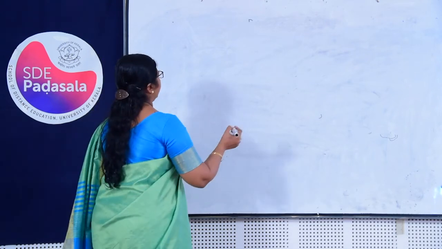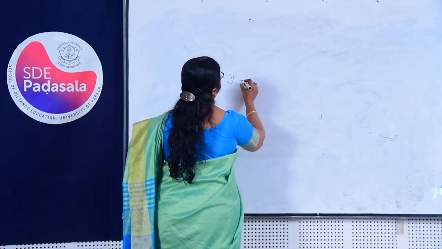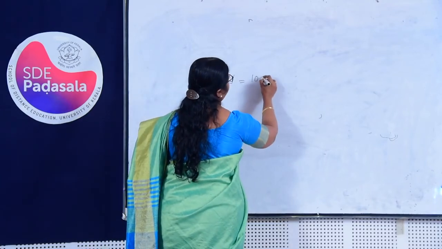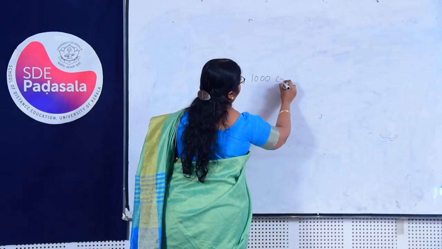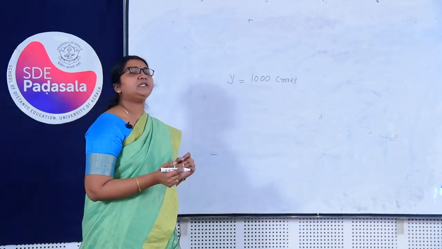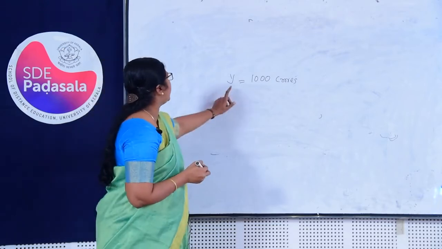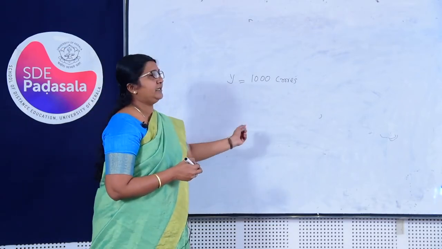For example, let us assume that by the year 2020, income is equal to 1000 crores. Then we can estimate the average consumption expenditure by substituting the value of income in the estimated regression model.